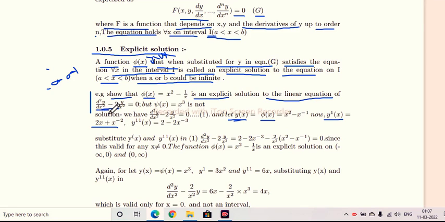Because the highest order of this differential equation is 2, differentiating again, if we differentiate 2x with respect to x we get 2, and differentiating x to the power minus 2 we get minus 2 times x to the power minus 3, because minus 2 minus 1 equals minus 3. So we get this.